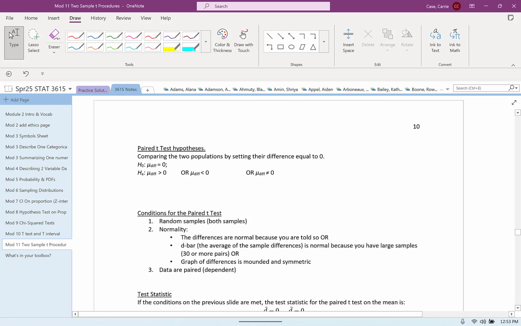The paired t hypotheses are that the mean of the difference is equal to 0. The mean of the difference is greater than 0 is the alternative, less than 0 or not equal to 0, but you must state which direction you subtract your data to get the differences.